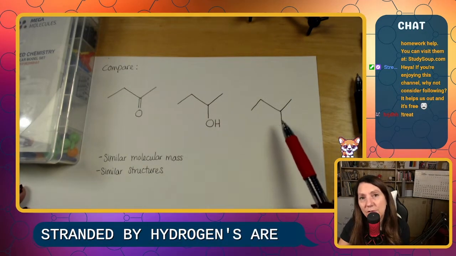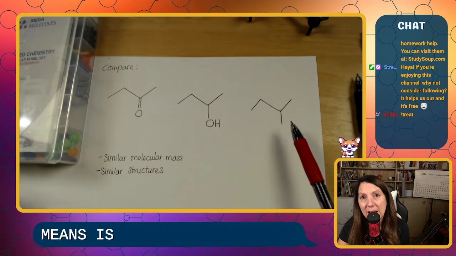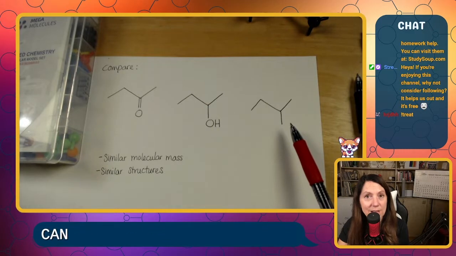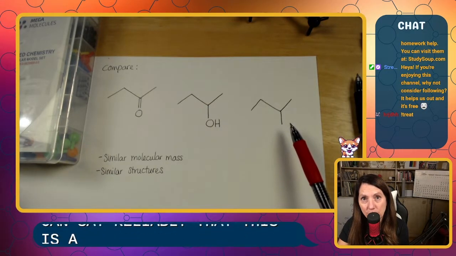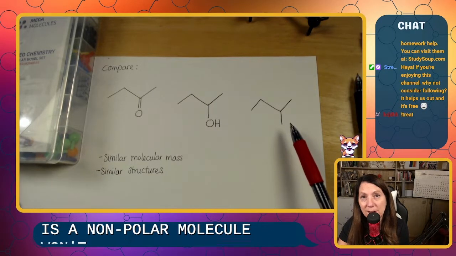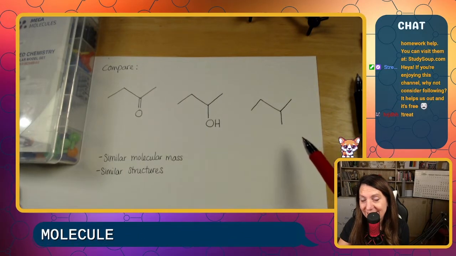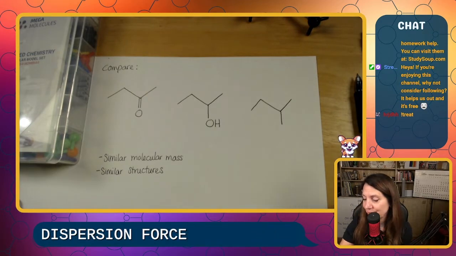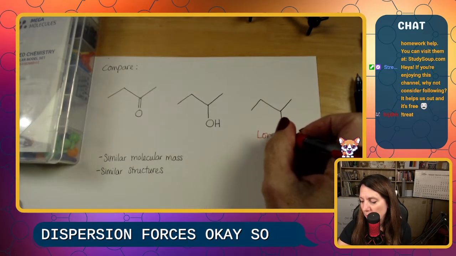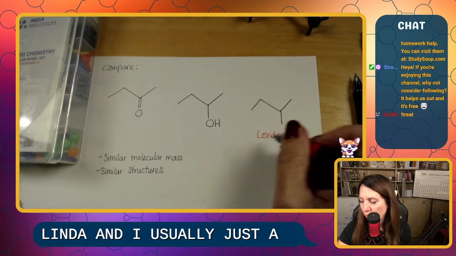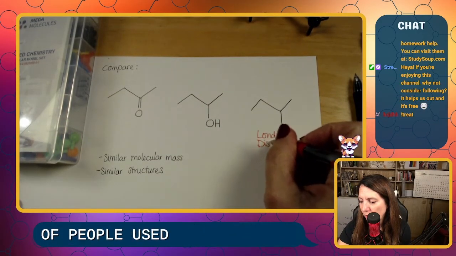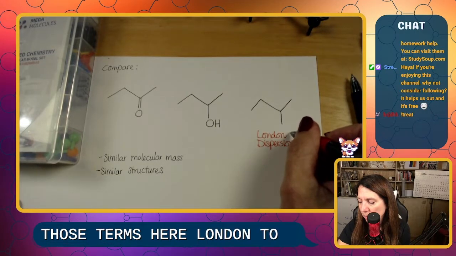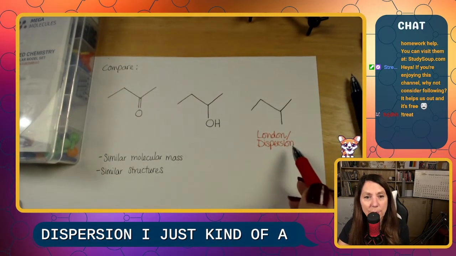Anything that's just carbon and hydrogen, we can say reliably is a non-polar molecule. And when you've got a non-polar molecule, you're only going to have London dispersion forces. I usually just say London forces, but a lot of people use dispersion, so I'm going to put both of those terms here.